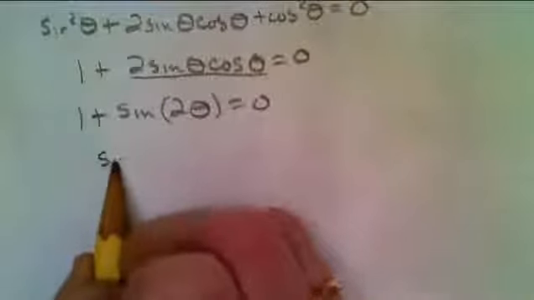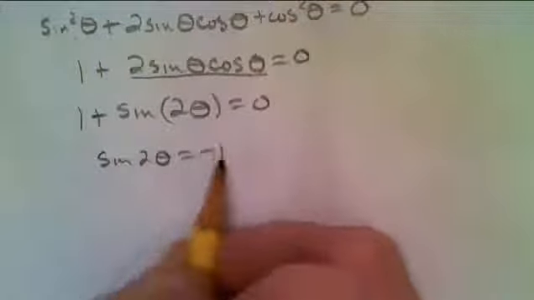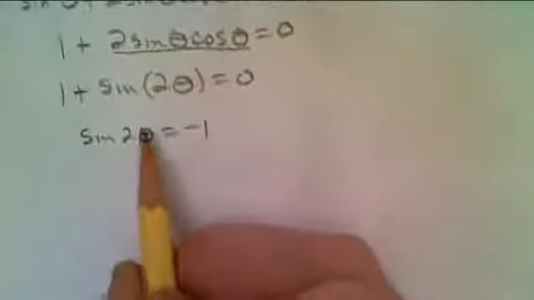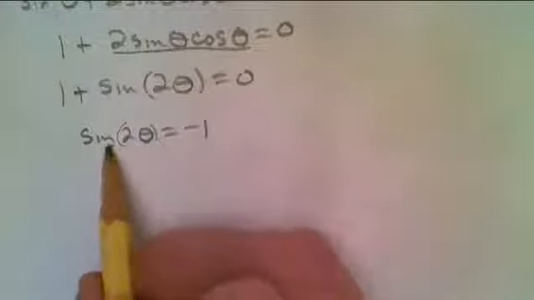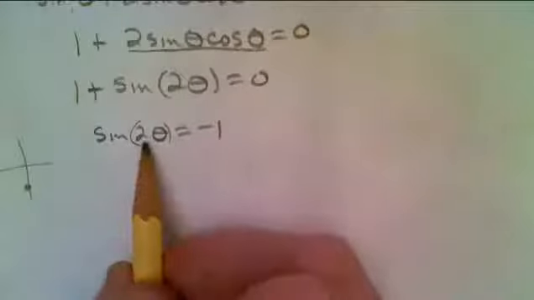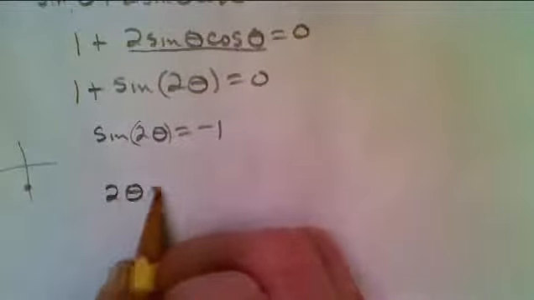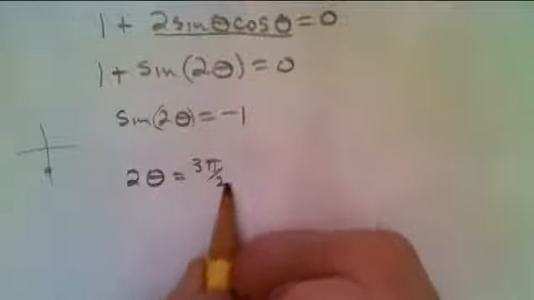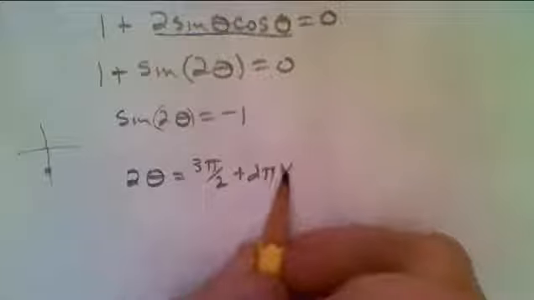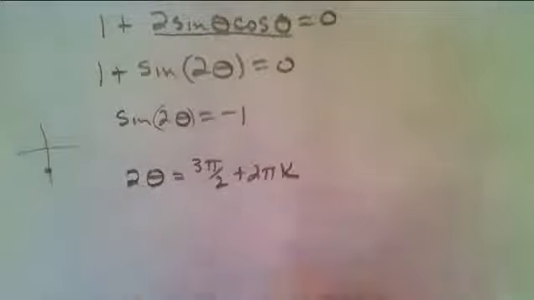So I can say the sine of 2 theta equals -1. Where is the sine equal to -1? That happens down here. So because it's a 2 theta, I'm going to say 2 theta equals 3 pi over 2 plus 2 pi k. Remember, if there's a coefficient, I have to say plus 2 pi k.